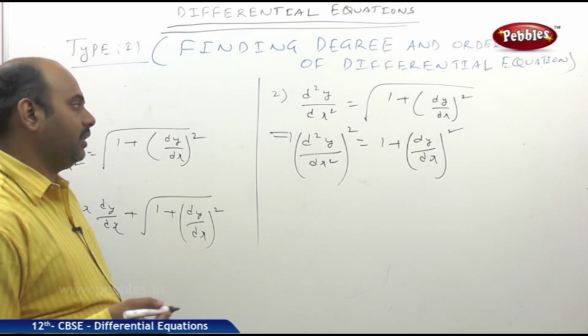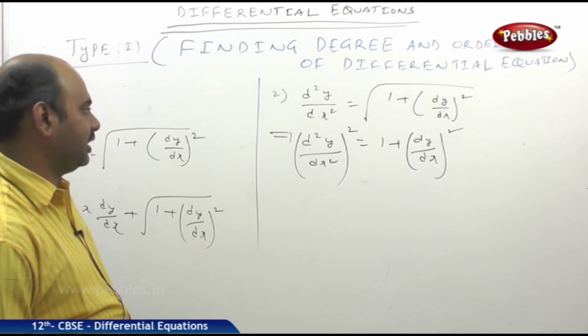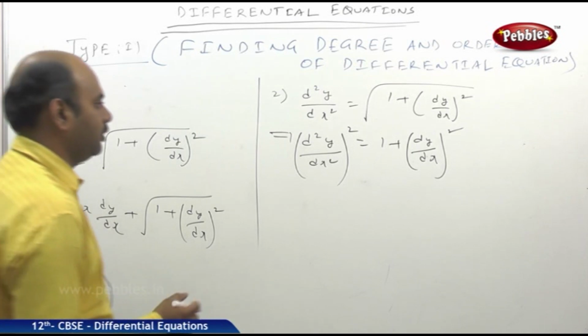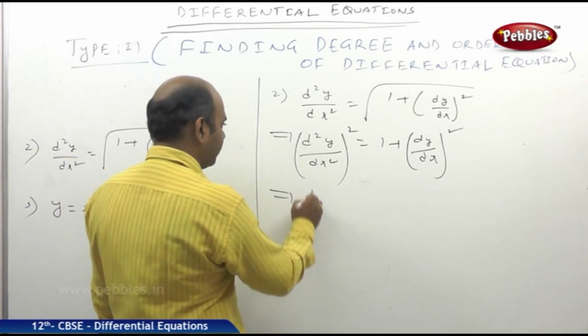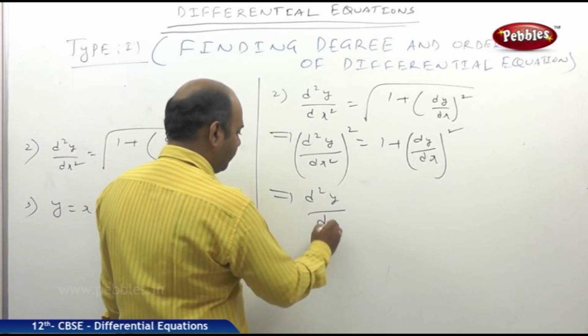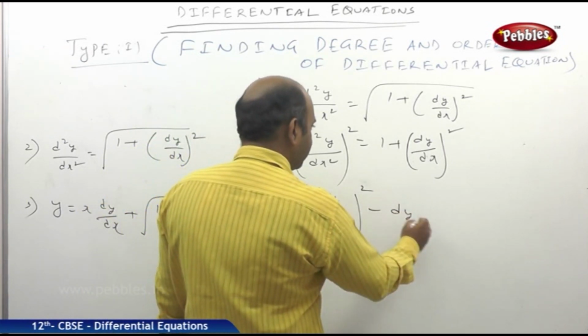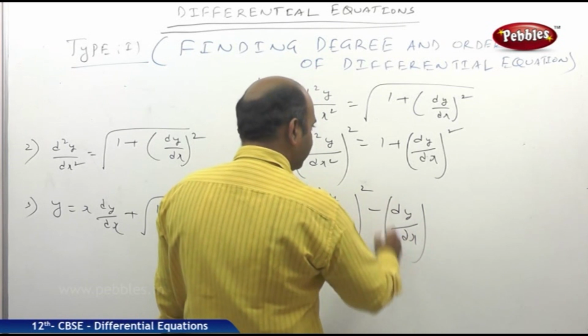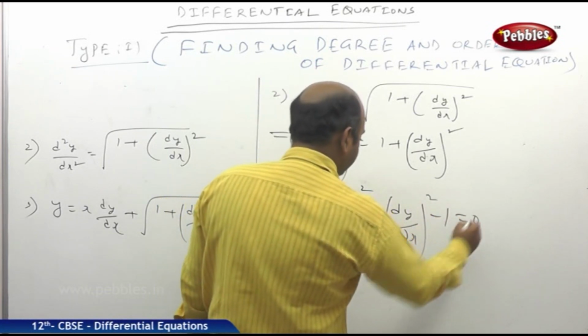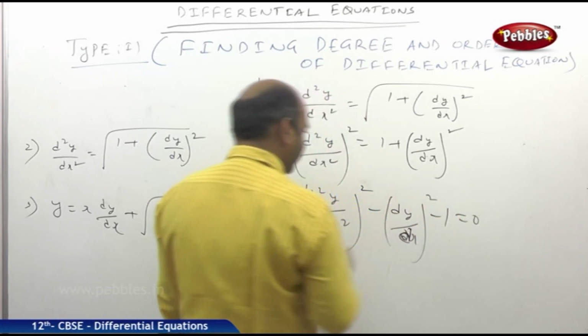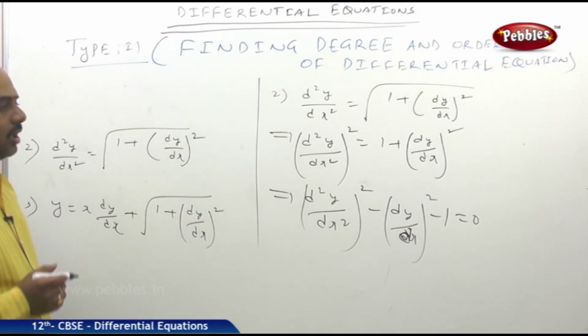If you put dy by dx equal to y1, that implies d square y by dx square whole square minus dy by dx whole square minus 1 is equal to 0. Now what is the order here?